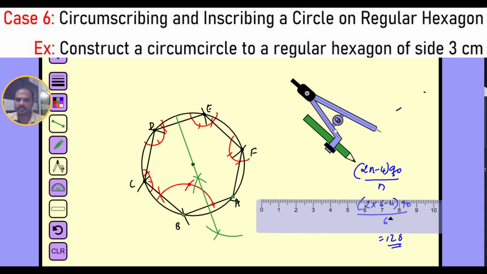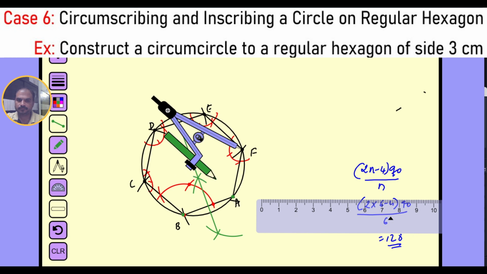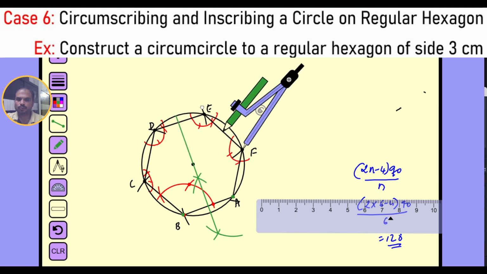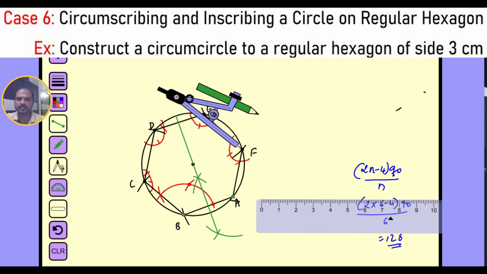One more perpendicular bisector of any of the sides I will take. I'll take this side. Take more than half. Then draw the perpendicular bisector of this side.